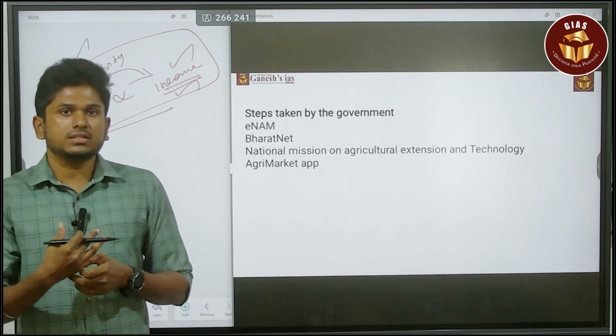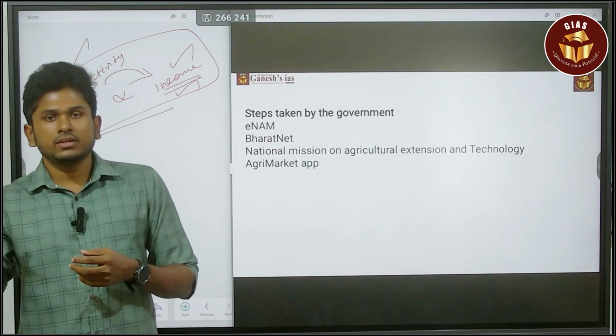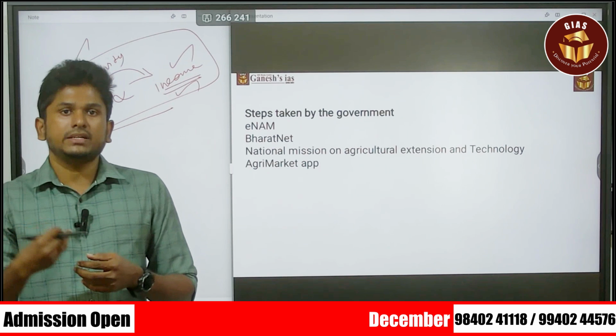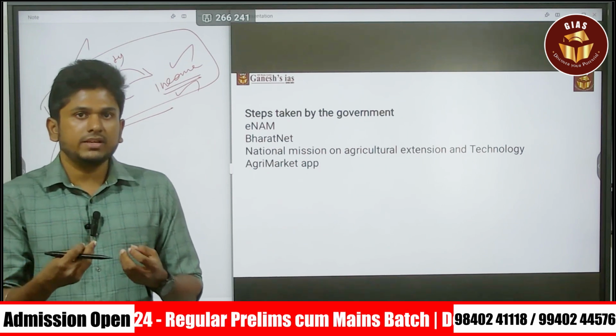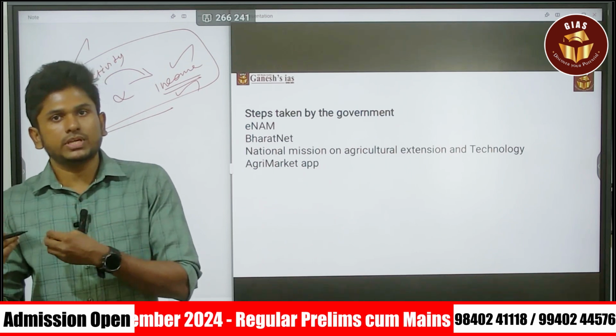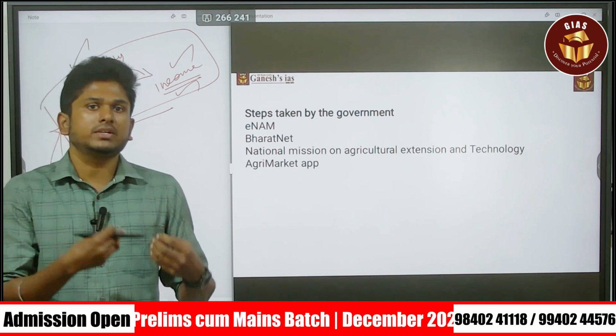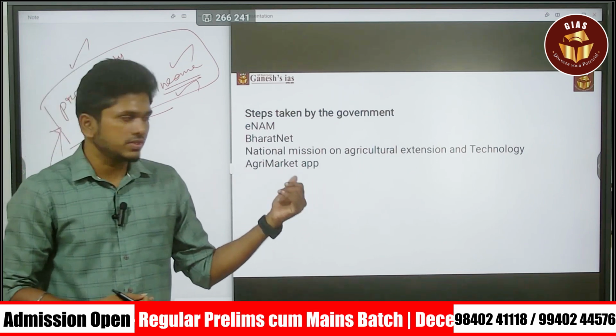In that research, if they find any solution for any pest or disease, they will share it. By sharing it in the app, the farmer will get notified about that, and the farmer will implement it in the field. So that is also a benefit of these extension services.